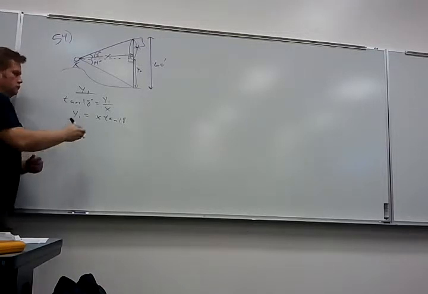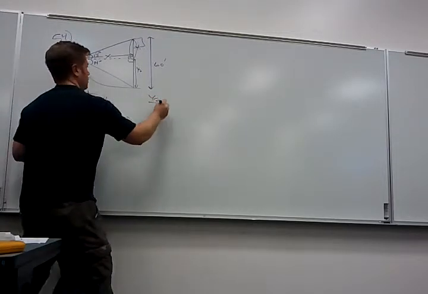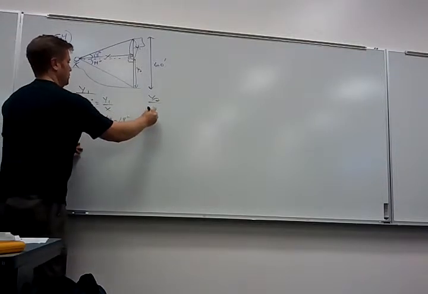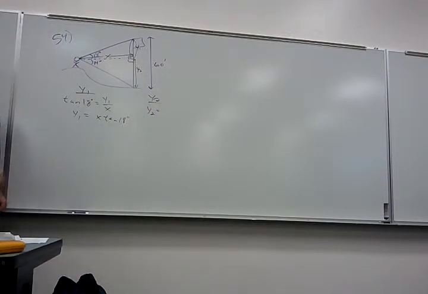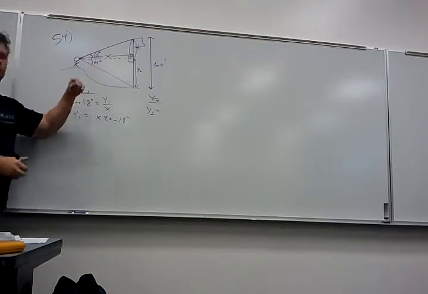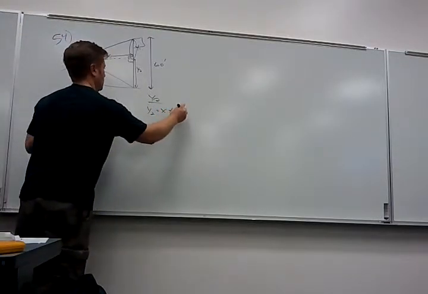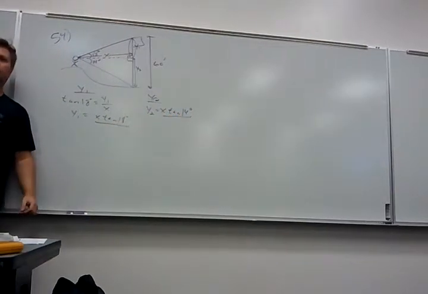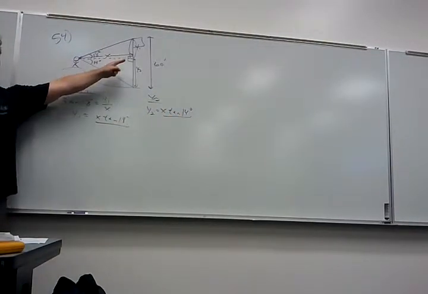So Y2, incredibly enough, I can pretty much jump to it. Y2 is going to be the same thing except 14, right? Now this and this have to add to be 60.